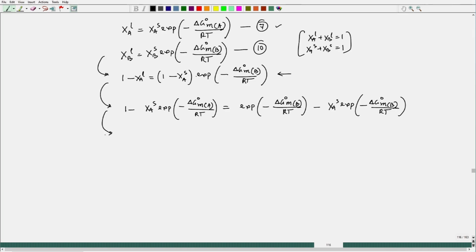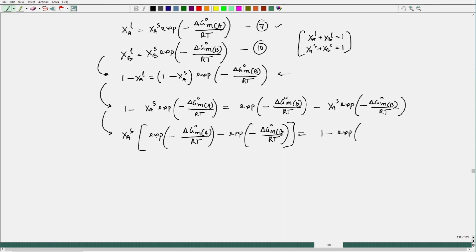Then from here XAS, I can put it like this: exponential minus delta G naught M A by RT minus exponential minus delta G naught M B divided by RT equal to 1 minus exponential minus delta G naught M B divided by RT.